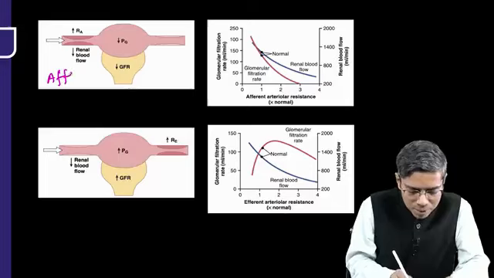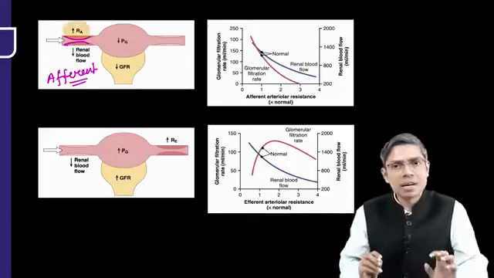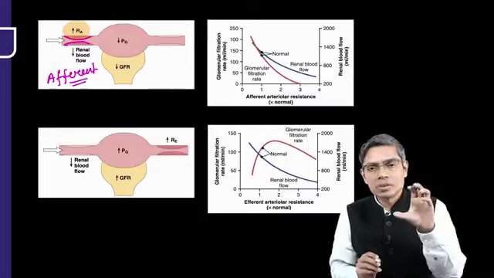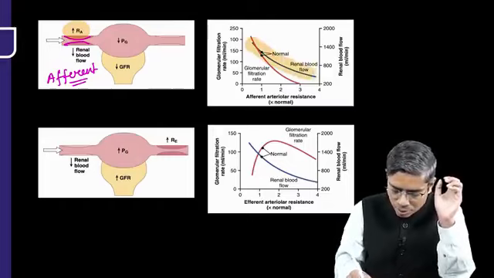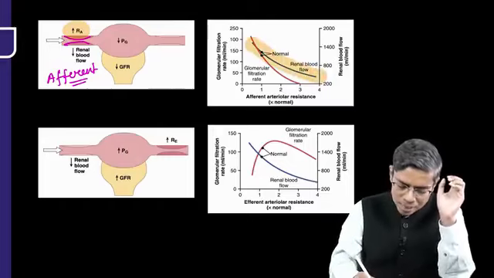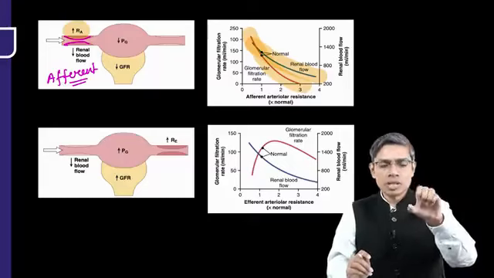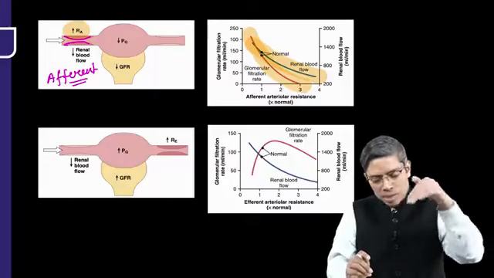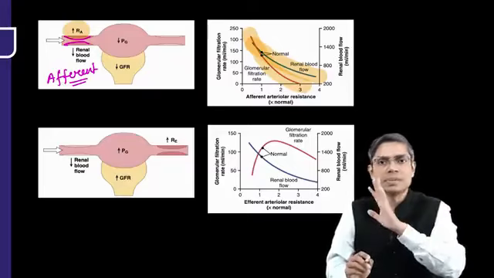If you cause constriction of the afferent arteriole, as shown in this diagram, the resistance of the afferent arteriole is high. Whenever you cause constriction of the afferent arteriole, your renal blood flow will decrease proportionally, and your GFR will also fall proportionally. It means the more you constrict the afferent arteriole, the more the reduction in blood flow in the kidney, and the more the decrease in GFR.